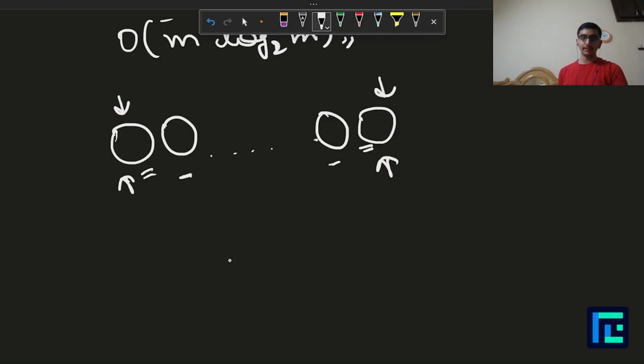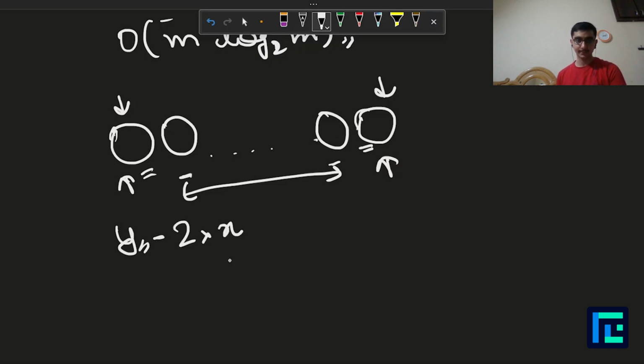So essentially, if I leave this range alone for x days, let's say x days, then if initially there were y number of uninfected houses, then after x days I would have y minus 2x.